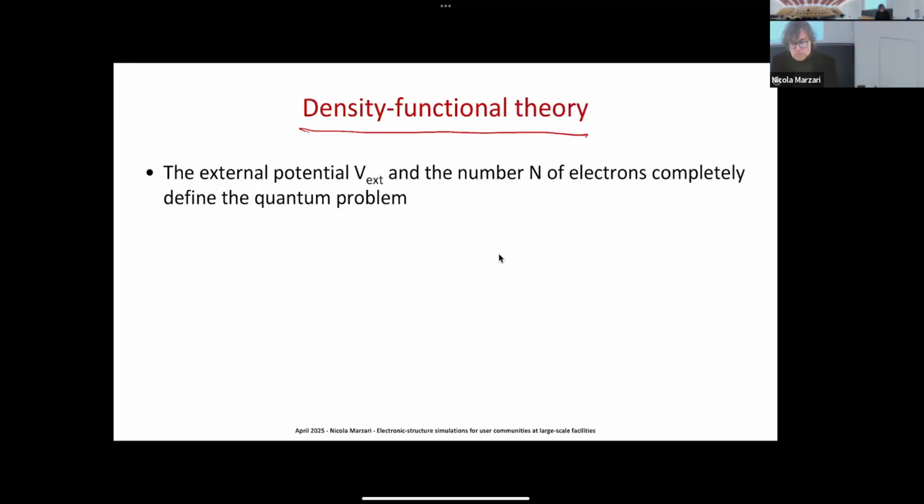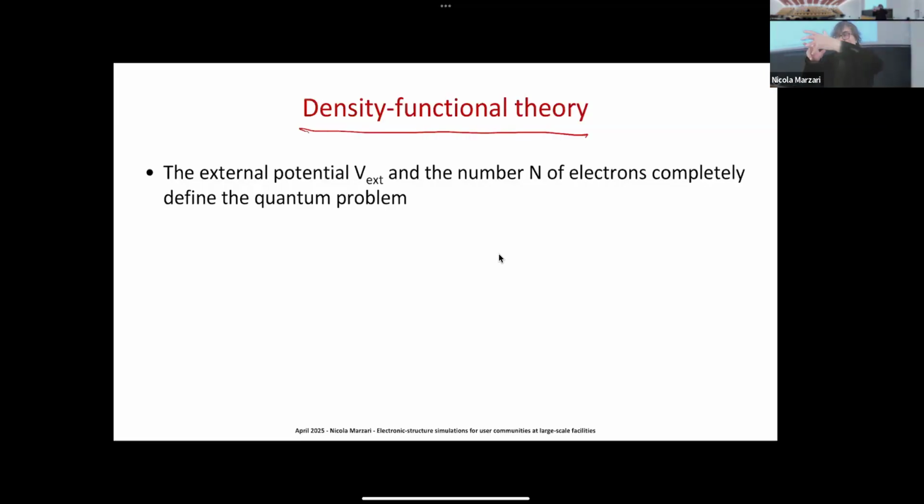So what Hohenberg and Kohn said was this. If I have the external potential, proton, proton, oxygen, and I have 10 electrons, my problem is completely determined.